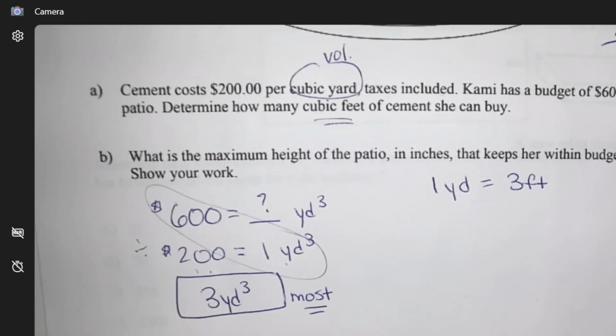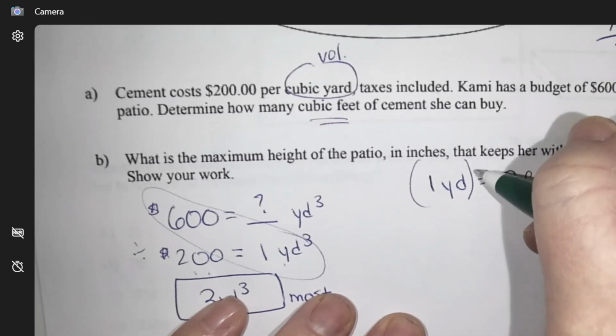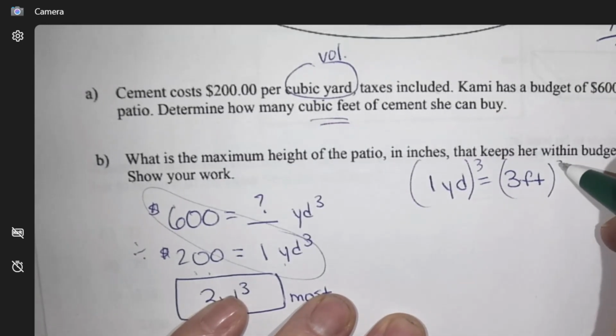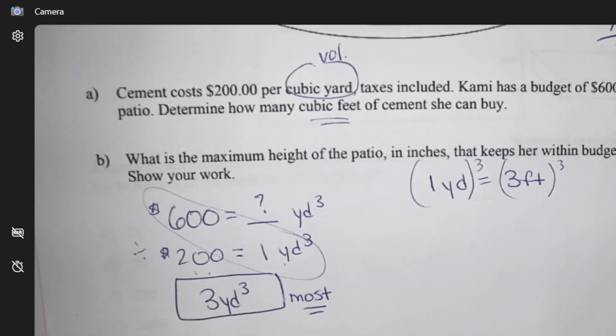Okay, but that is linear. That's a linear thing. So what do I have to do to get myself into cubic? I have to cube everything. So I'm going to go from linear to a volume. To get to a volume, I have to cube everything.